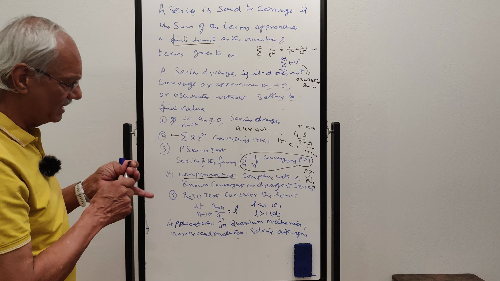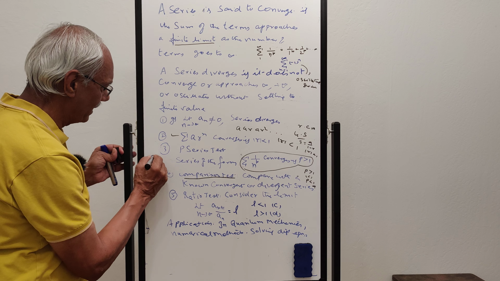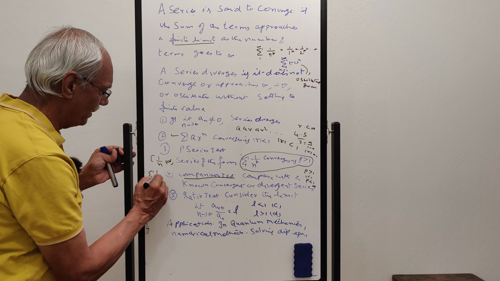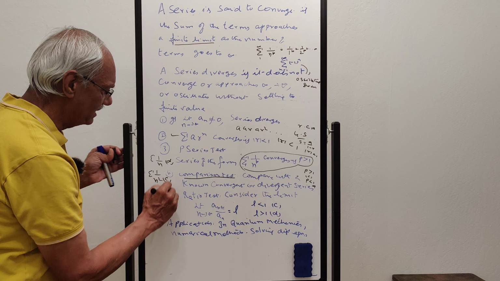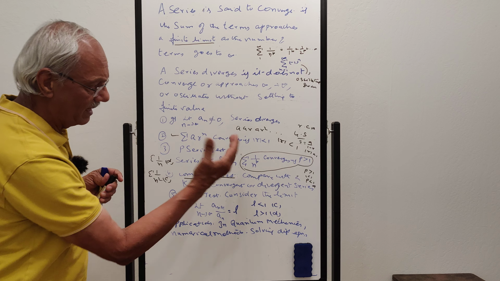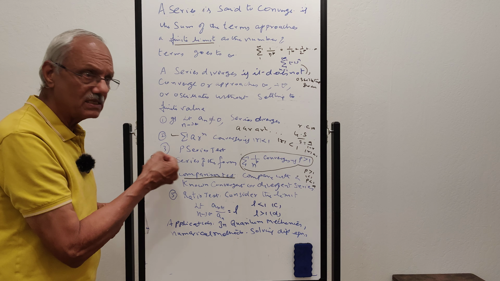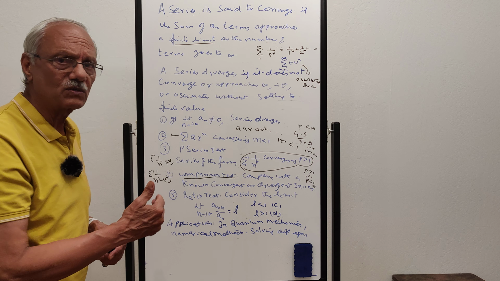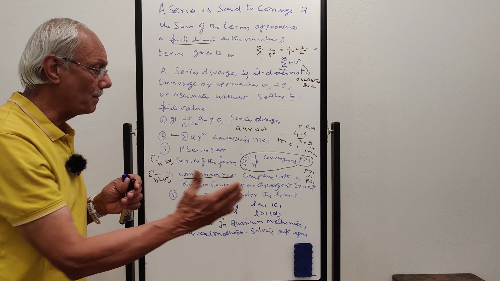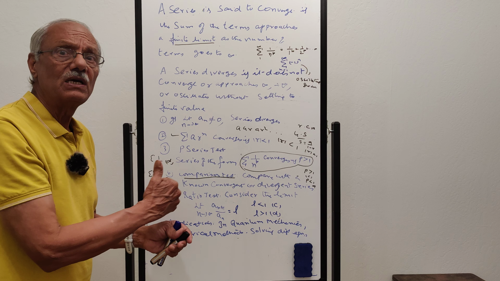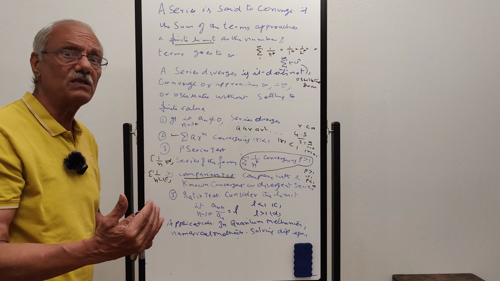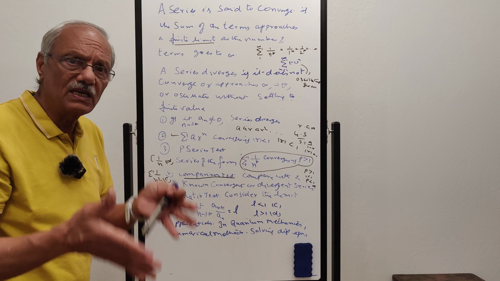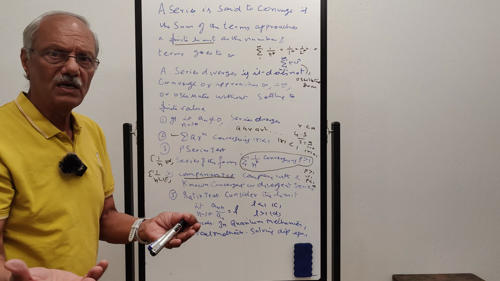For example, sigma of 1 by n is a divergent series, whereas sigma of 1 by n squared is a convergent series. So we compare the given series with 1 by n if it is divergent, and with 1 by n squared if it is convergent. So in this comparison test, we use such series which are convergent or divergent, as the case may be, to decide whether the given series is convergent or divergent.